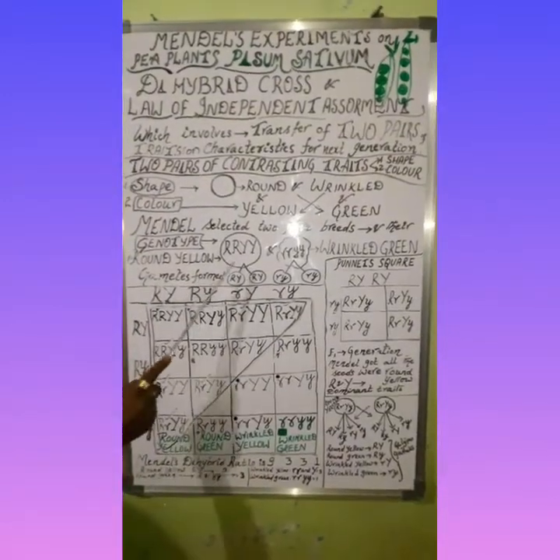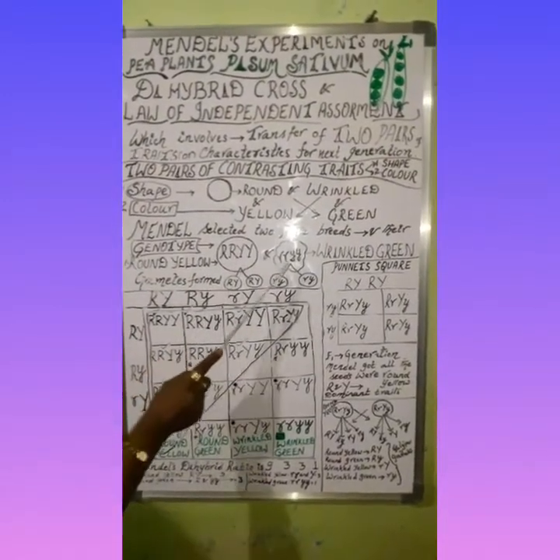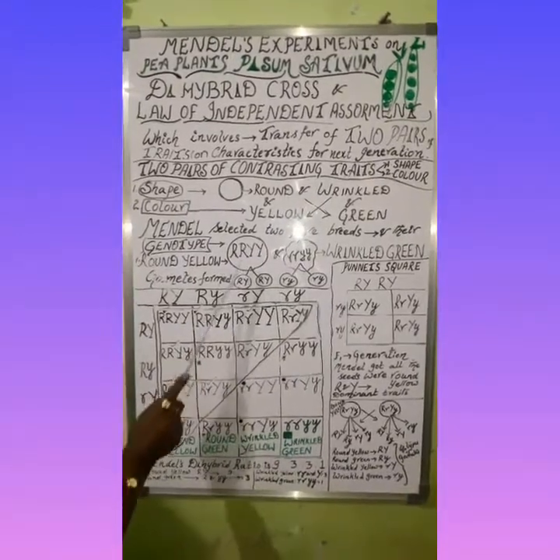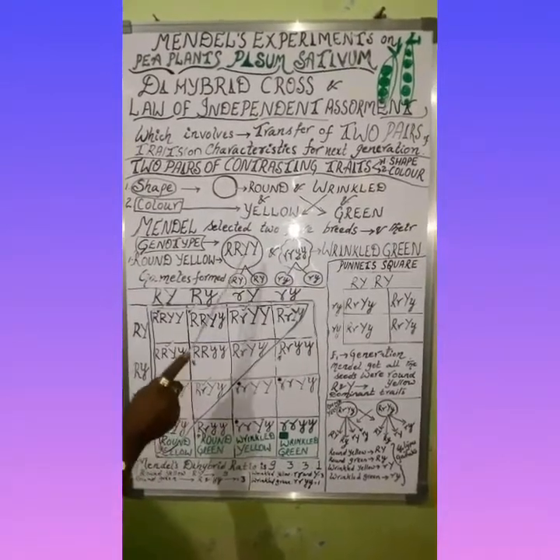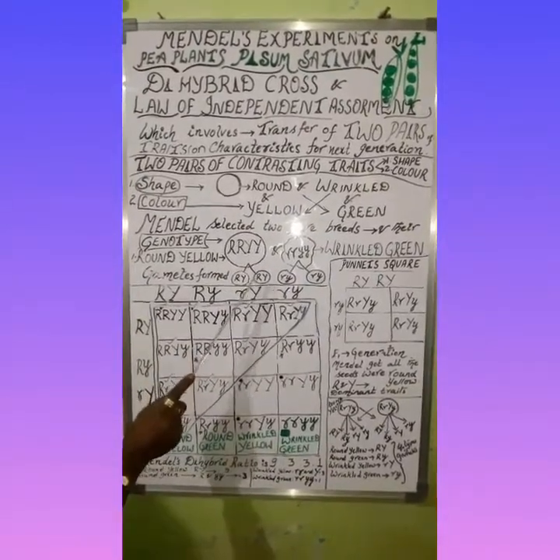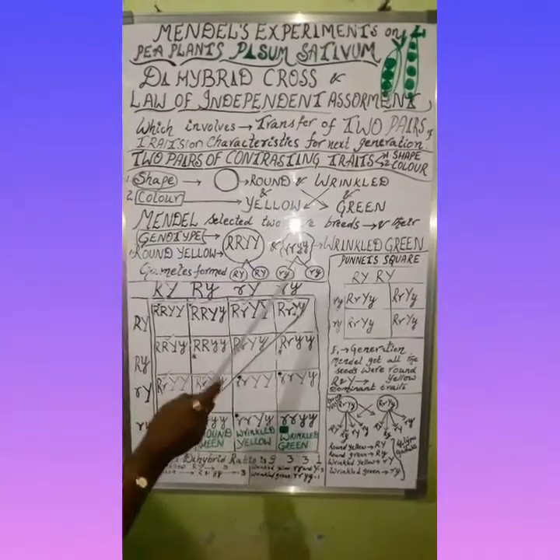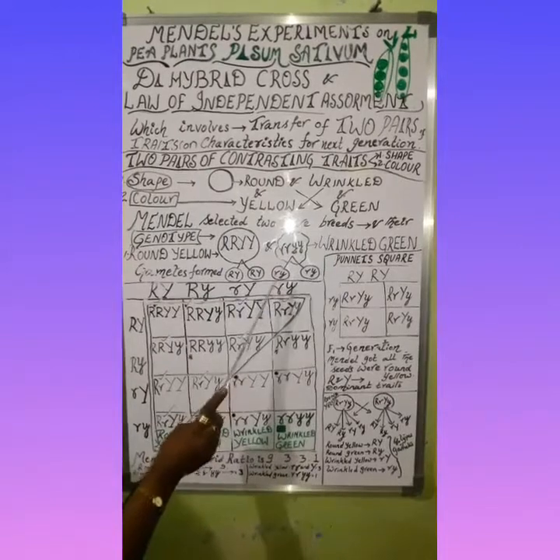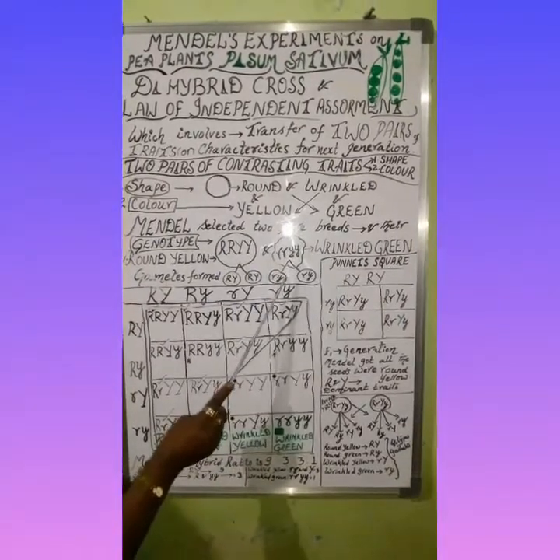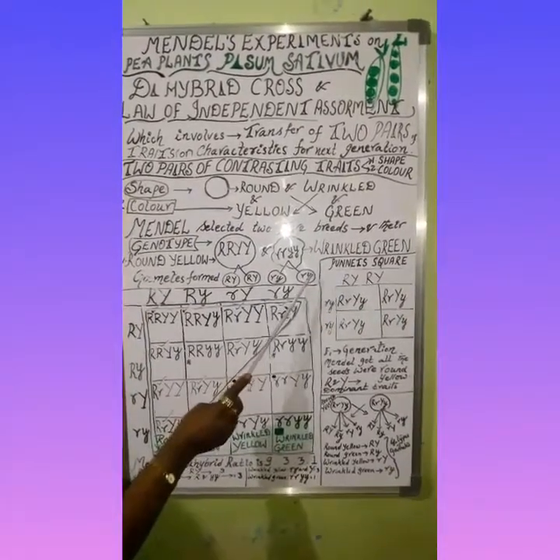The gametes formed from these two pure breeds are, for the first one, capital R, capital Y and one more capital R, capital Y. And for wrinkled green we get two gametes, small r, small y and small r, small y.